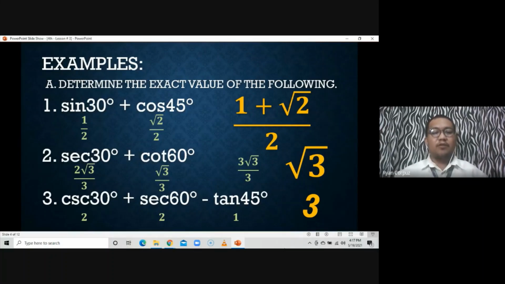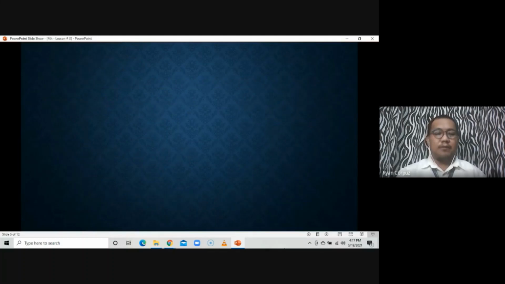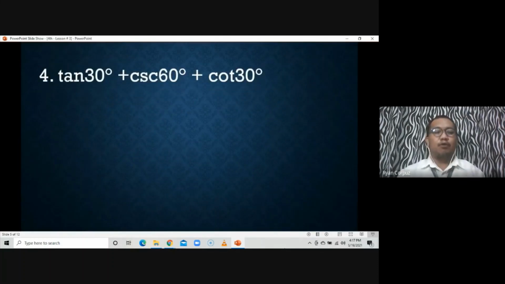So, may question so far? So, let's answer more examples. So, let's have example number 4. Number 4, that's tangent 30 degrees plus cosecant 60 degrees plus cotangent 30 degrees. So, yung makikita yung measure ng angle, still mga special angles na kasama ng mga trigonometric function.